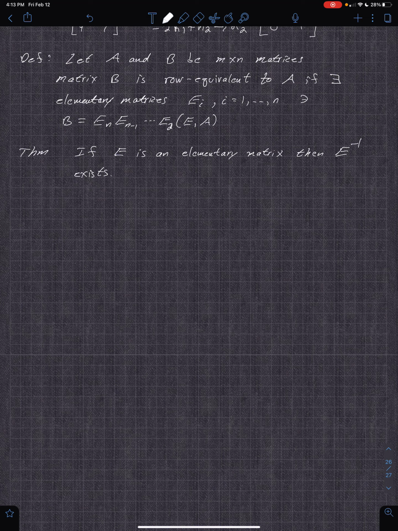So let's just write that down. This is probably a good way just to say that. So all elementary matrices are invertible.